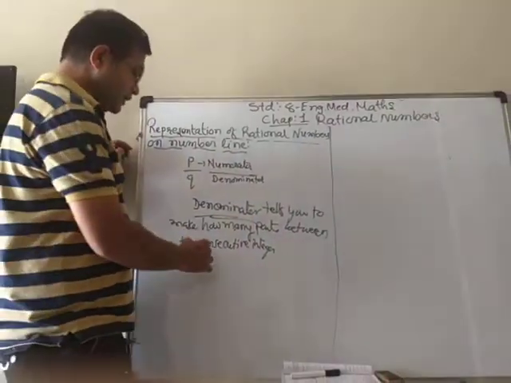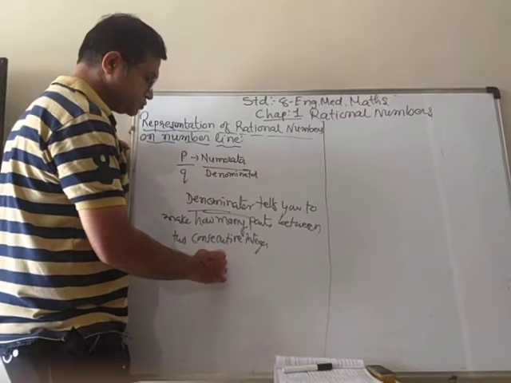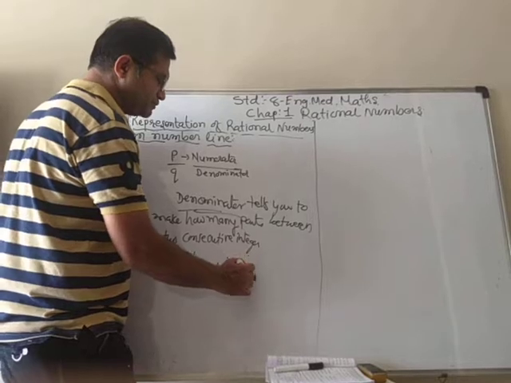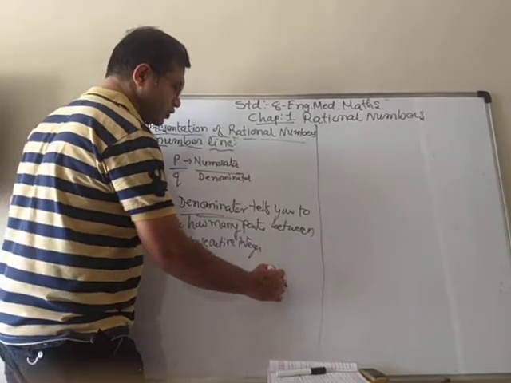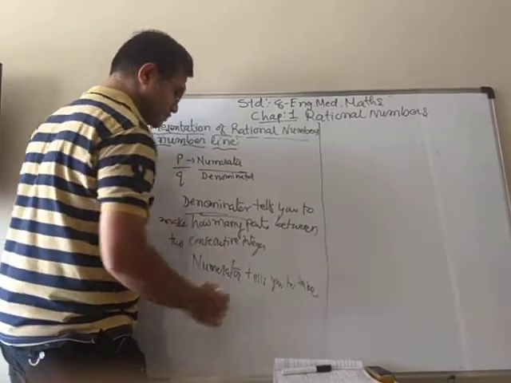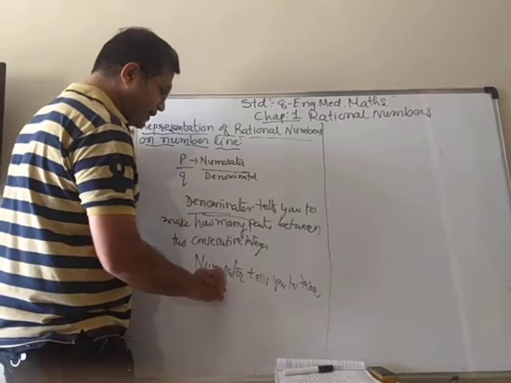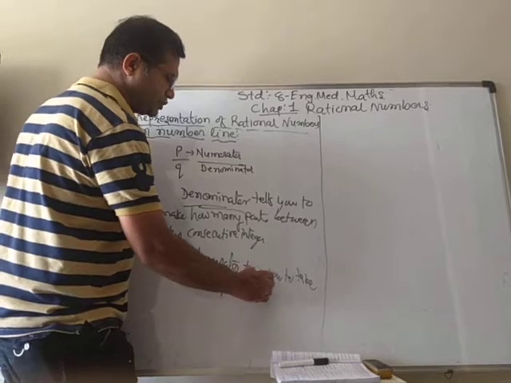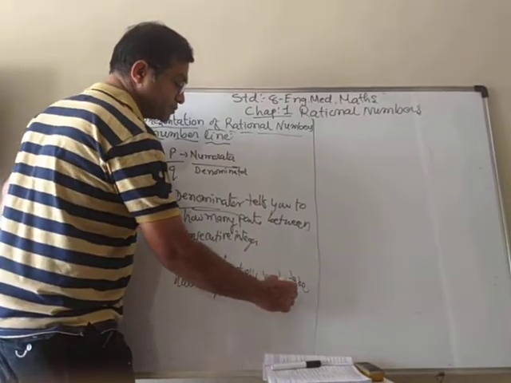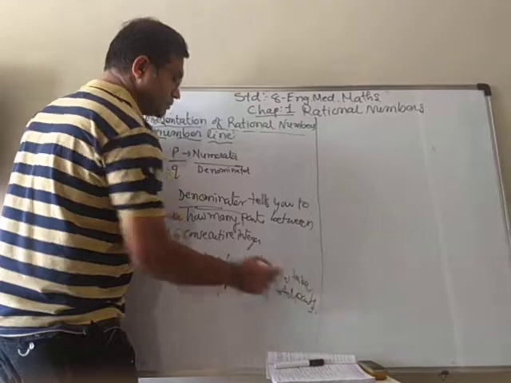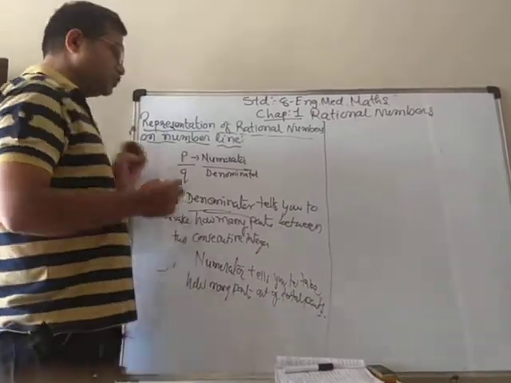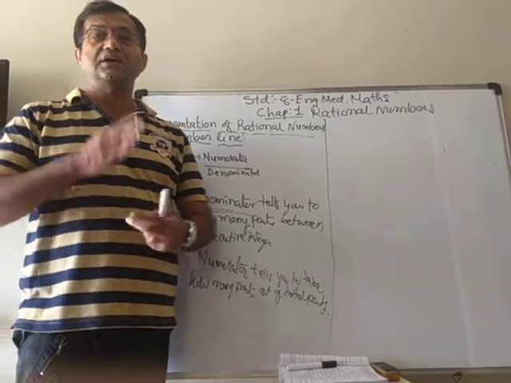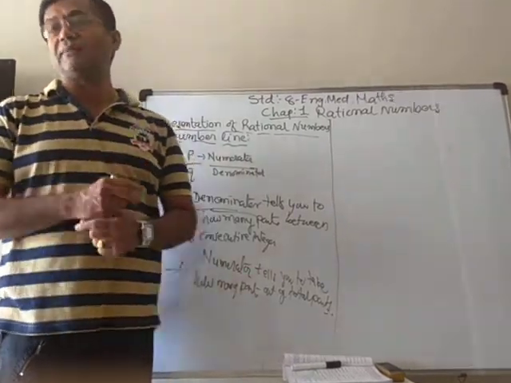And then the number in the numerator tells you how many parts to take out of the total parts. Those two things you have to remember when you represent a rational number on a number line.